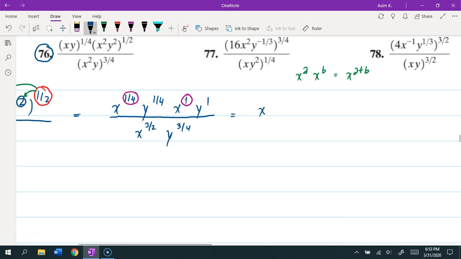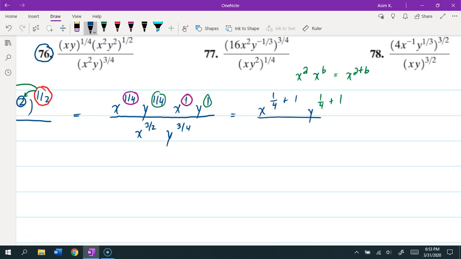I'm going to have x to the power 1/4 plus 1. And then I'm going to do the same thing for the y's, so the y's is going to become 1 over 4 and 1. Again, when you have the same exact variable and you're multiplying them, you add the exponents. So there you go. That's what the x's and the y's look like.